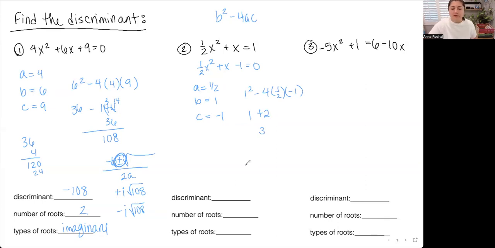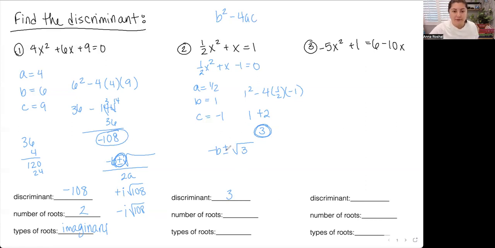In this particular case, I'm going to end up with negative b plus or minus root 3. Root 3 is not really a nice number; it's 1 point something. So my discriminant is 3, because that's what I'm looking for. This is the discriminant here. In this case, it's positive.